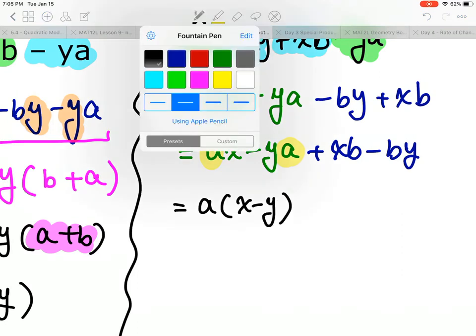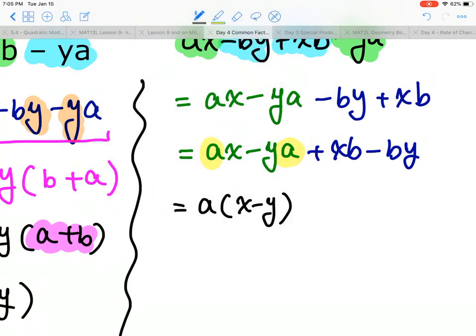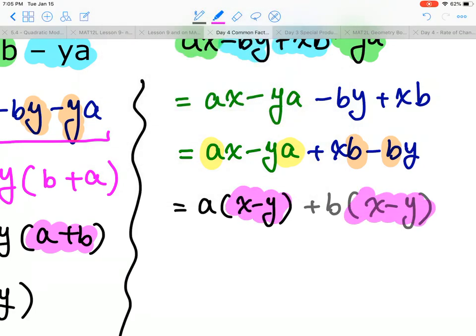And then the second one, I can put plus b and then x minus y, right? Because if you take a look, the b's are the common factors here. So then after all, we have x minus y in common.